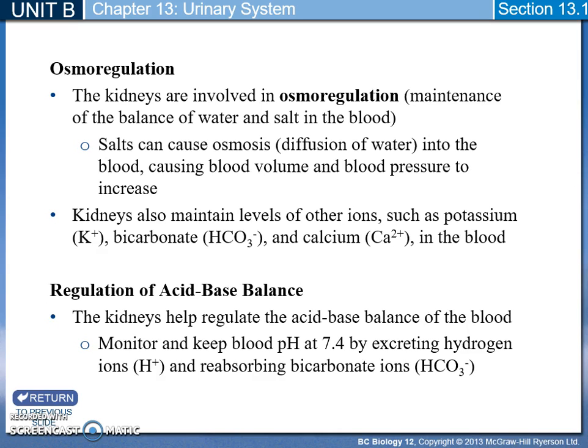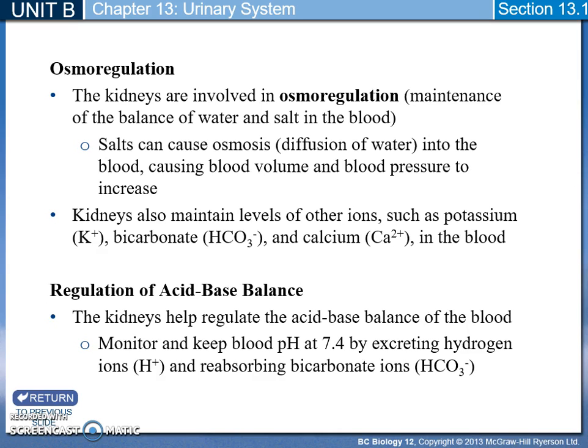Kidneys are involved in osmoregulation, so this is the maintenance of the balance of water and salt in the blood. Salts can cause osmosis, in other words, the diffusion of water into the blood, causing blood volume and blood pressure to increase when that's needed, of course. And kidneys also maintain levels of other ions such as potassium, bicarbonate, and calcium in the blood.